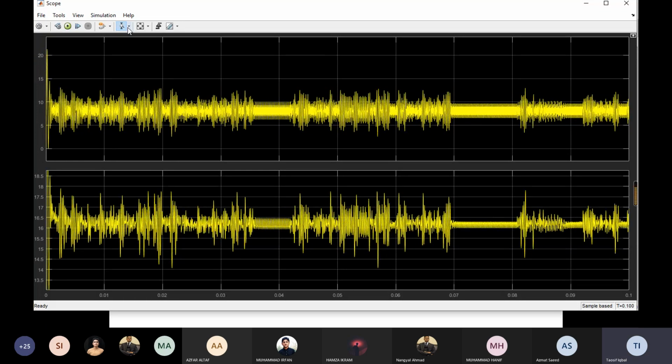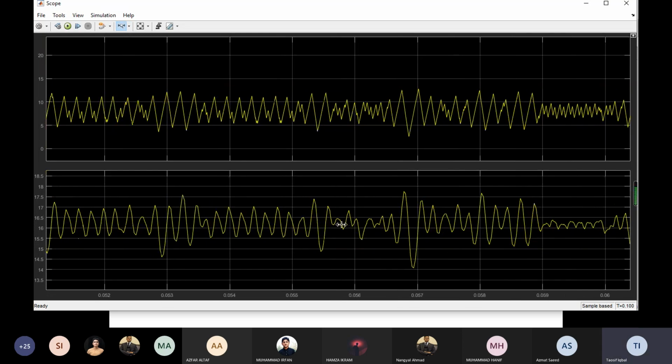Although it stabilizes around 16.2 volts, the ripple sometimes goes to 1 volt, and sometimes it is maximum around 3 volts. And the current ripple is around 6 amperes, and the stable value is around 8 amperes.